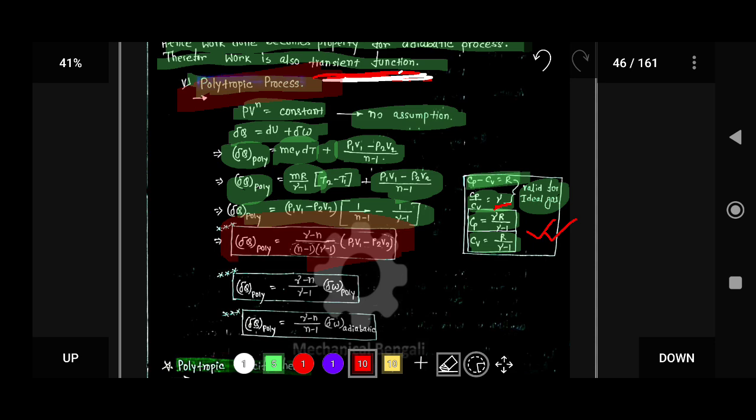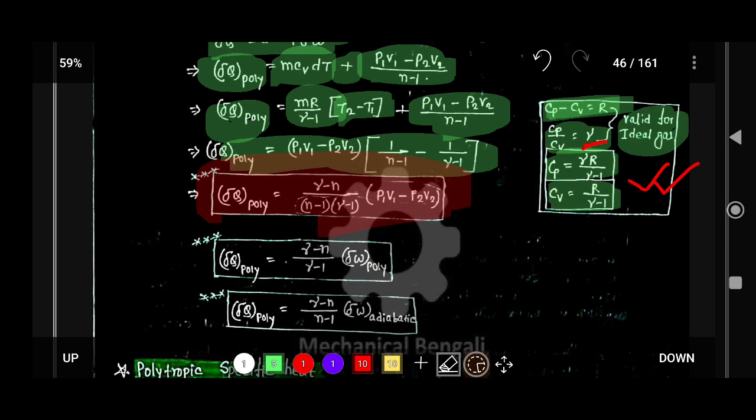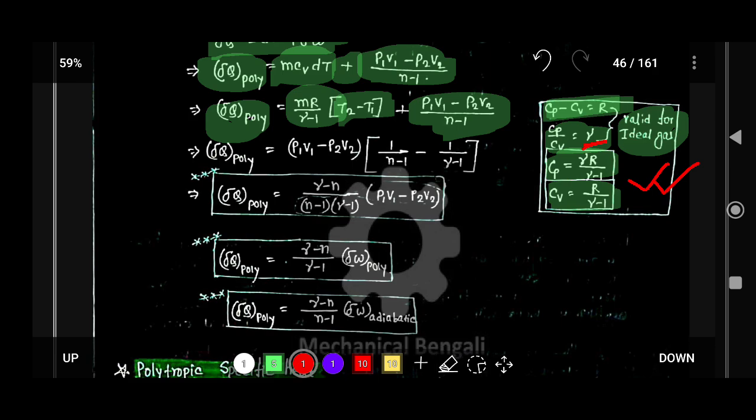Now in the last lecture we completed the polytropic process work formula. We got del q polytropic equal to (gamma minus n) upon (n minus 1) into (gamma minus 1) into (p1 v1 minus p2 v2).